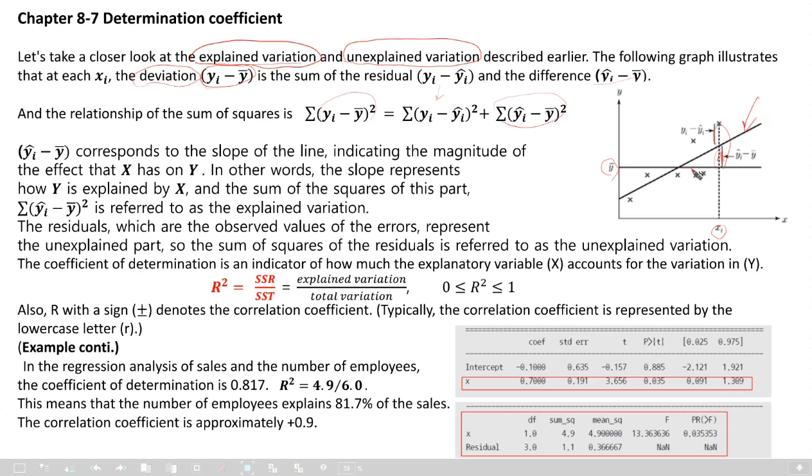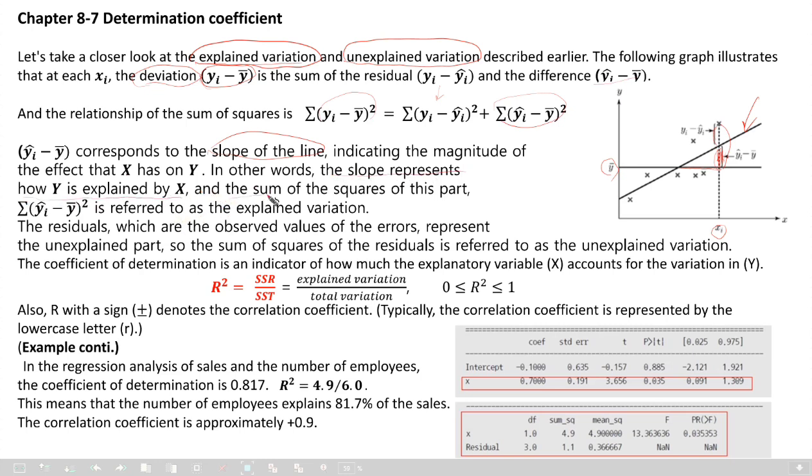Slope means this part divided by the bottom line here. That is the slope, right? It indicates the magnitude of the effect that x has on y. In other words, the slope represents how y is explained by x.